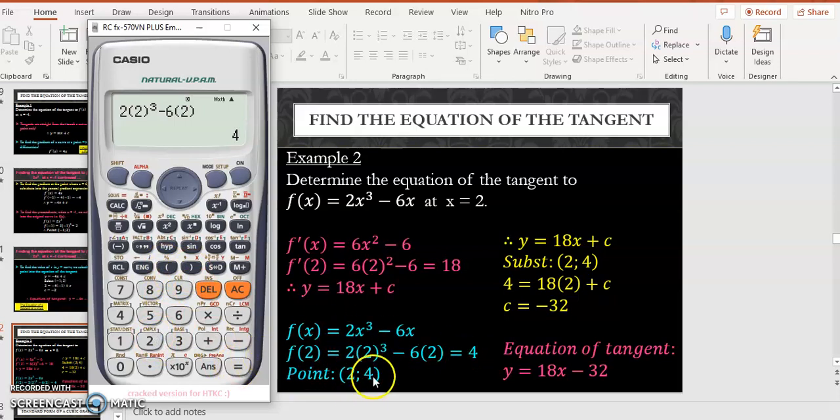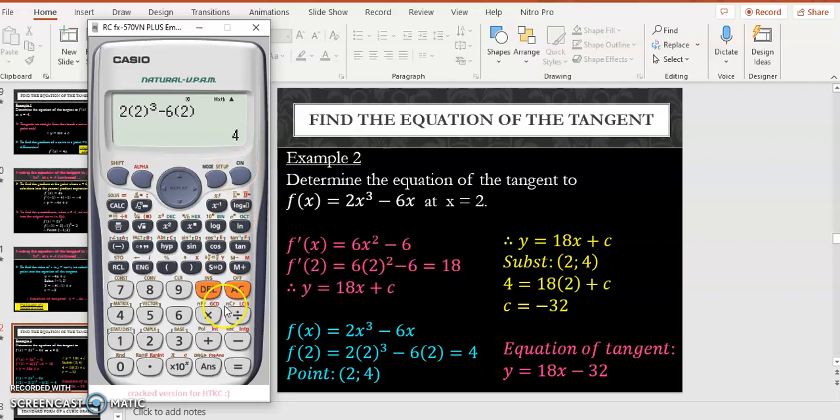So our point is 2, 4: x is 2, y is 4. We are going to substitute it into this equation to get our c. So our y is 4 equals 18 times our x, which is 2, plus c. If you simplify this, we are going to get minus 32.